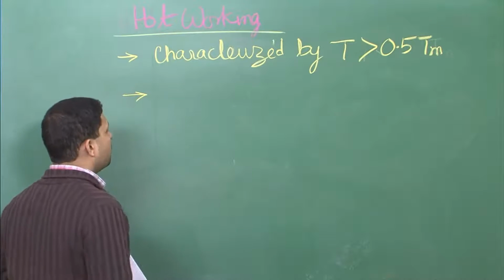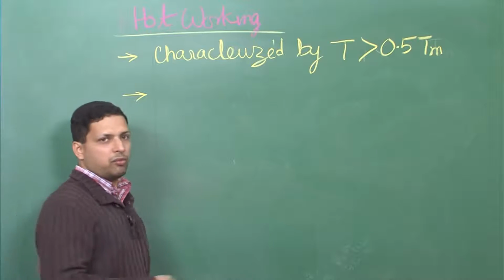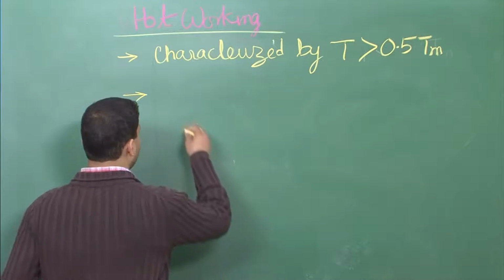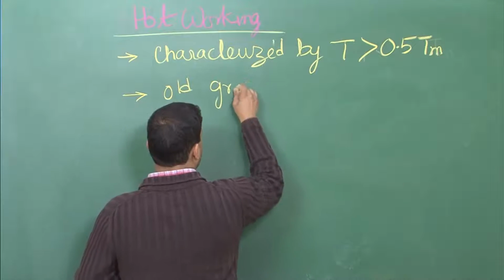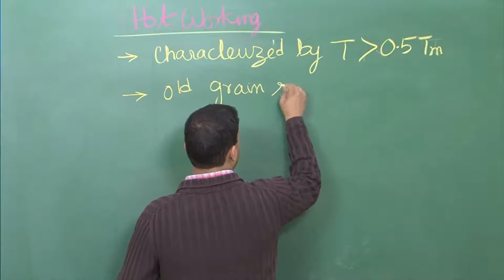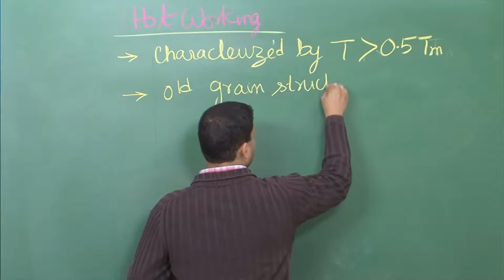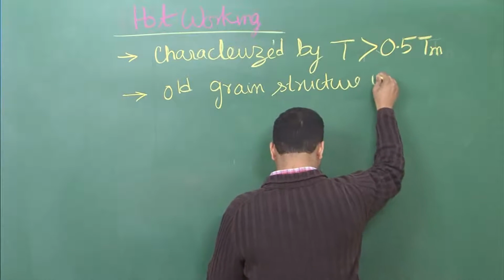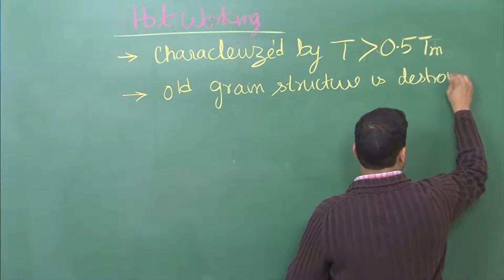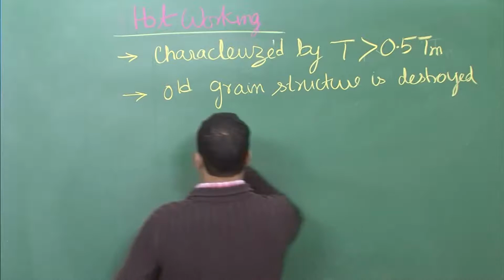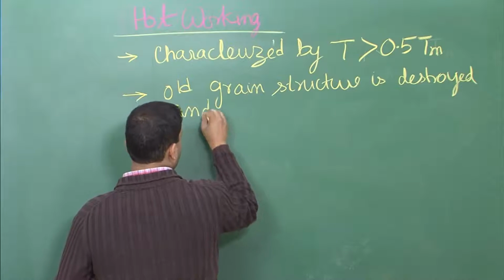Other characteristics of hot working are that since you are above 0.5 Tm, it implies that the old grain structure is destroyed, and new strain free grains exist.